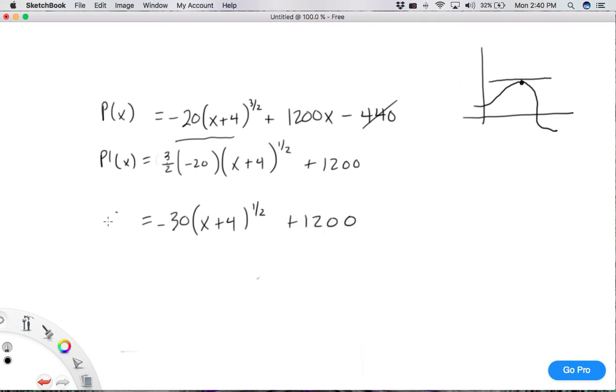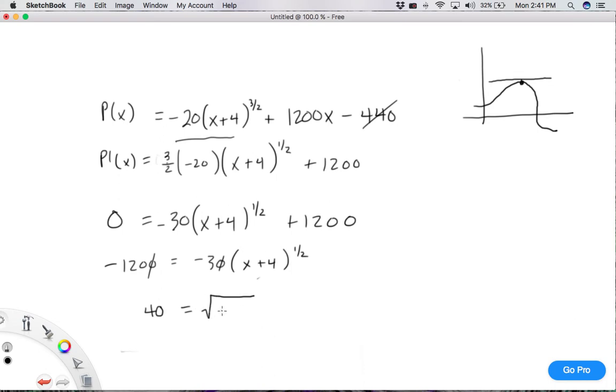And we need to figure out where this is equal to 0. So we subtract 1200. Divide by negative 30. Which is 40. Hopefully. Cross out the zeros. Yeah, it's 40. Is equal to (x plus 4) to the 1/2.